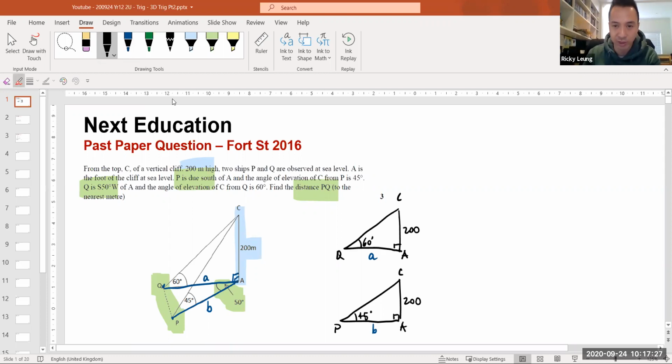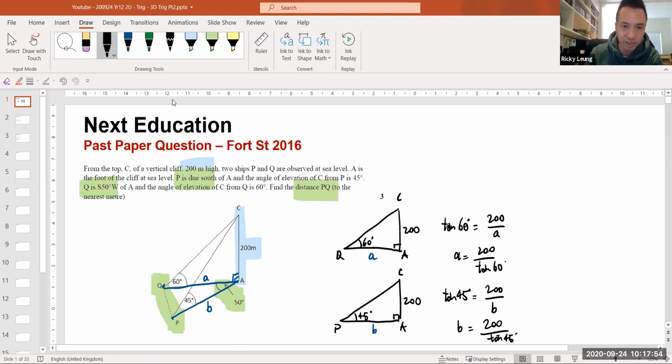In this triangle, you get tan 60 degrees equals 200 on A, making A the subject, 200 on tan 60. Similarly, tan 45 degrees equals 200 on B. Switch those around, B is 200 on tan 45 degrees.